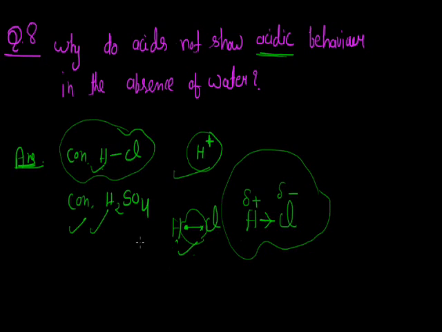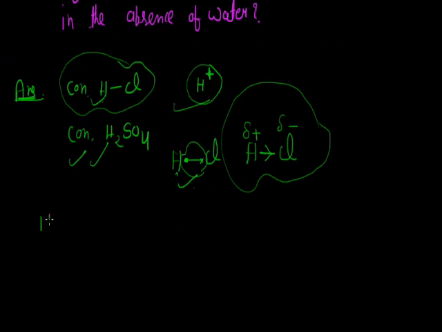But what happens when we add H2O to HCl or H2SO4? If we take HCl and add some amount of water, H2O, then in HCl, due to the more electronegative character, Cl has a partially negative charge and H has a partially positive charge. In water, due to high electronegativity, oxygen has a negative charge and hydrogen has delta plus. Now when we add H2O to HCl, an interaction starts between opposite charges.